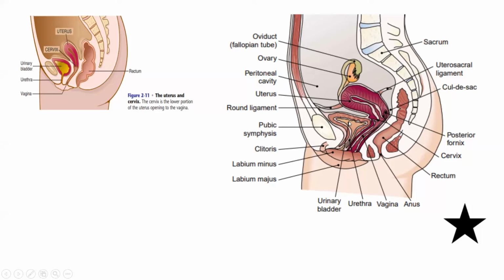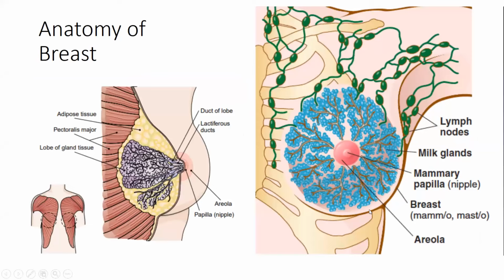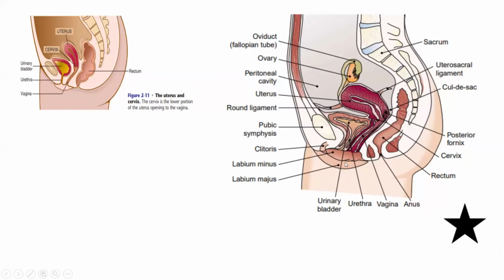In this bladder, we receive urine from the two kidneys and it is thrown out through this portion that we call the urethra. This is the opening of the urethra over here. So we have the urinary bladder and the urethra. The urethra is the tube which will throw urine from here to the outside.